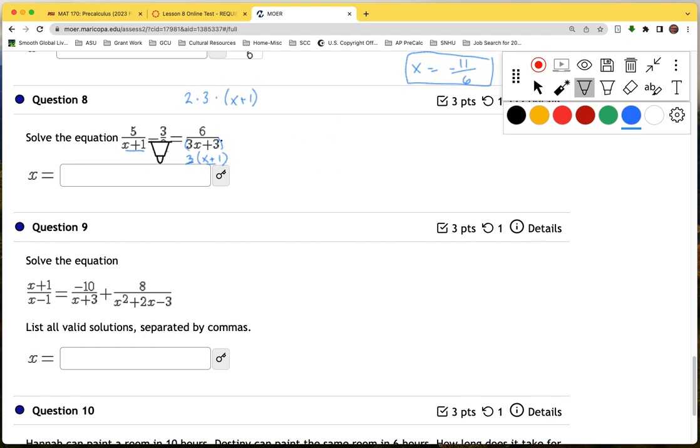Okay, so this first fraction already has the x plus 1, so it needs the 2 times 3. 2 times 3 is 6, so I'll multiply by 6 over 6. Then we've got a minus. Now 3 halves has the 2, so it needs the 3 times x plus 1.